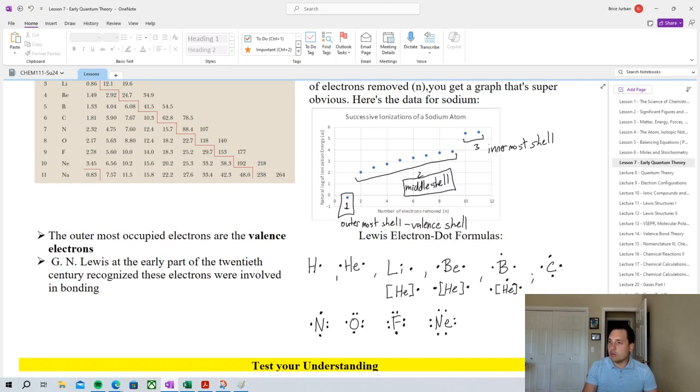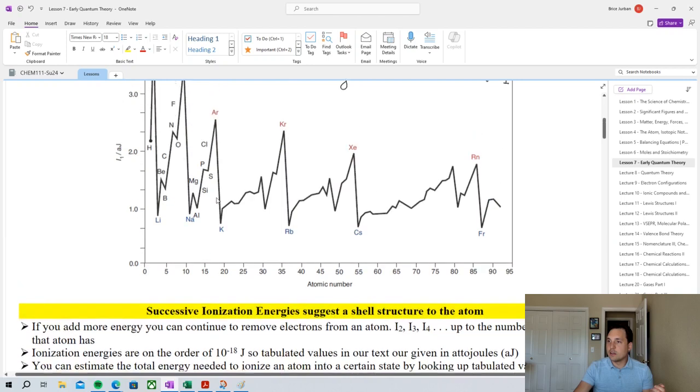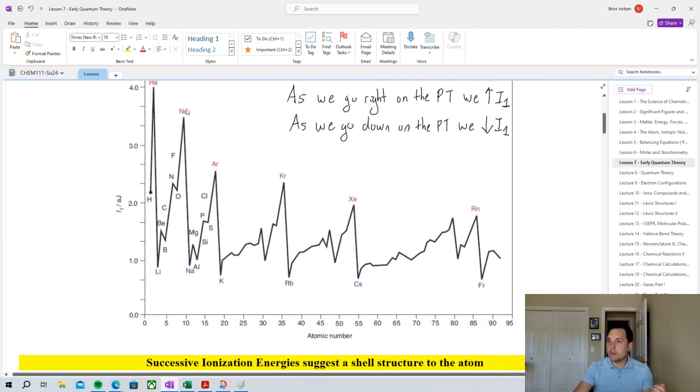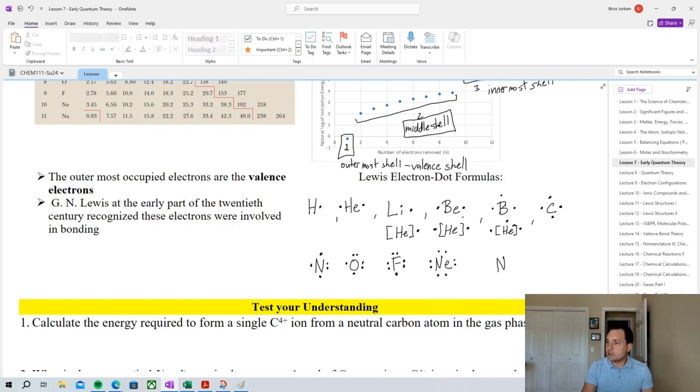And then we get to the third row of the periodic table, because at this point we have filled up all of the outermost electrons, and now we need to add another shell. So we're going to find that sodium just starts repeating where lithium left off.